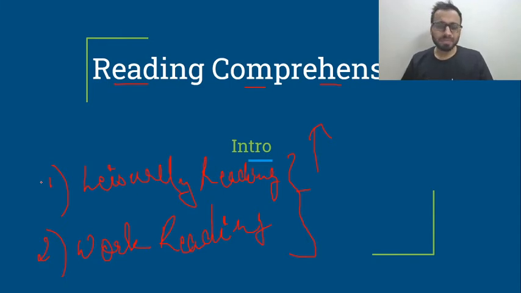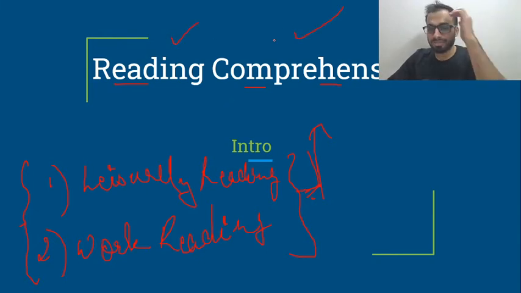Plus, in normal reading you've got the opportunity to reread stuff, but when it comes to reading comprehension in a management exam, you can't afford to go and reread stuff. Rereading is not an option in management exams.